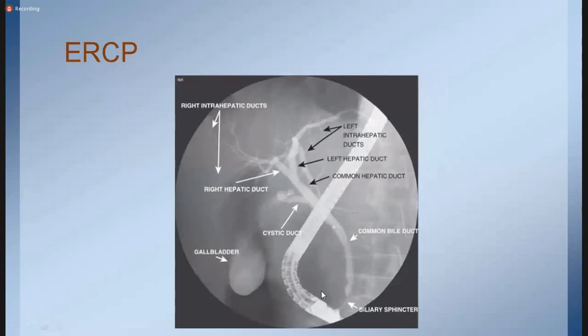Now from the MRI we are moving towards the ERCP examination, endoscopic retrograde cholangiopancreatography, which is similar to contrast X-ray but with intervention of the endoscope. It's done by the gastroenterologist.